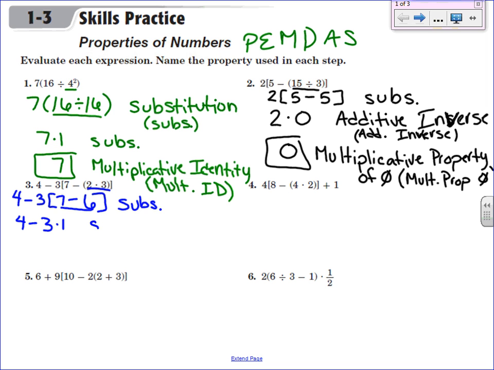And again, we've substituted that in. Then comes multiplication before the subtraction, so 3 times 1 is 3, and that's the multiplicative identity. Anything times 1 is itself. And then the last one, 4 minus 3 is 1. And that's just a substitution property.